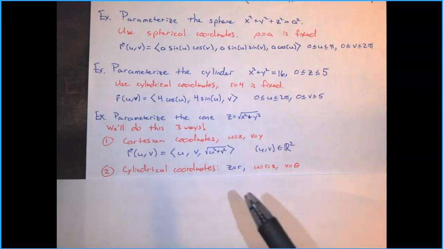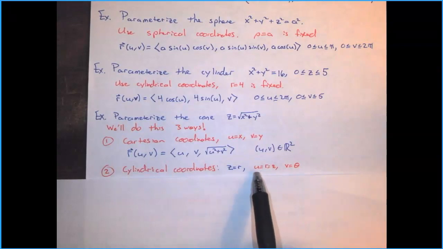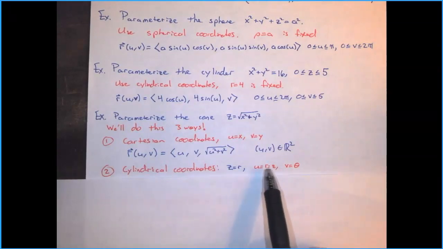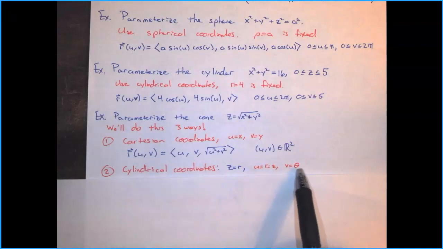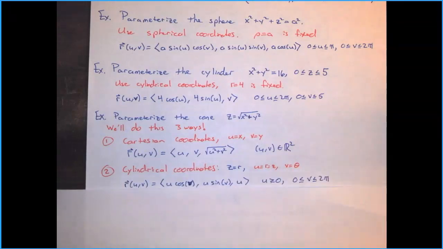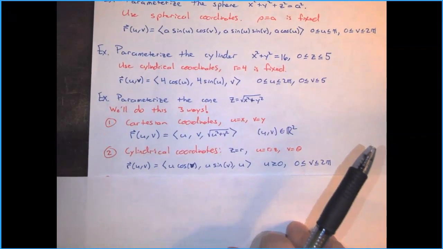It's either 0 or positive, so it's non-negative. Now, since z equals r, I can just pick one of my variables to equal r. That's also going to equal z, and this is how I'm eliminating one of my variables for cylindrical coordinates. And then my other parameter, I'm going to let be theta.